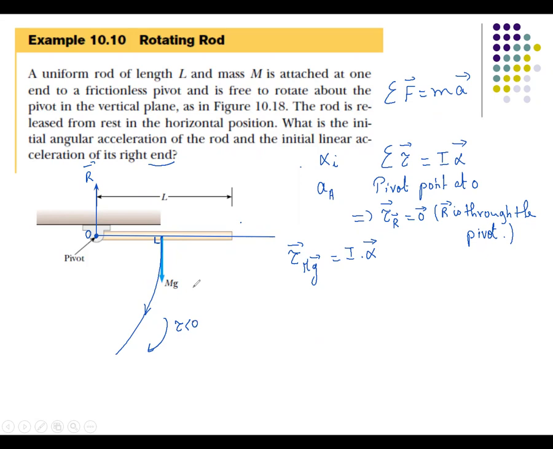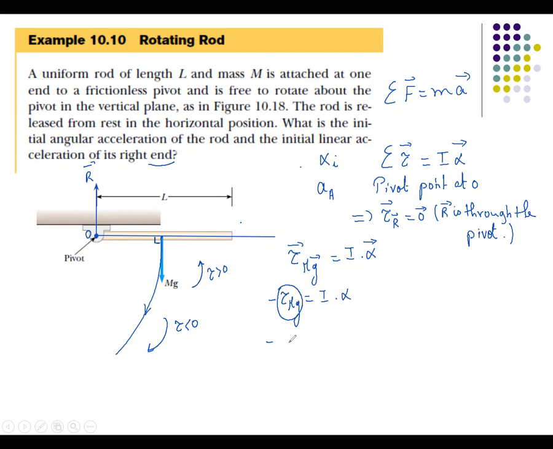If we have an anti-clockwise rotation, we have a positive tau. In this case, mg is pushing the object in the clockwise direction, so you can say directly minus tau of mg equals I times alpha.